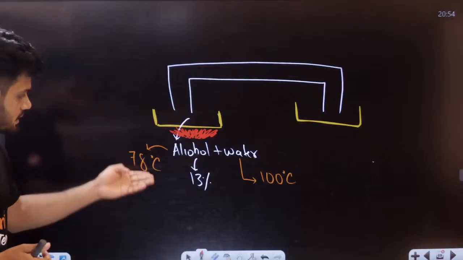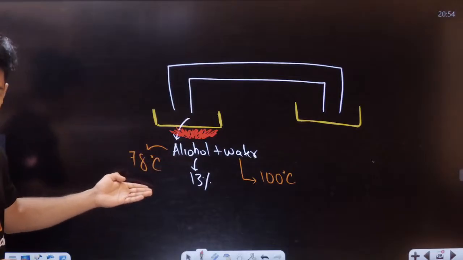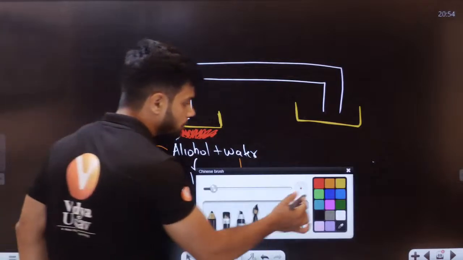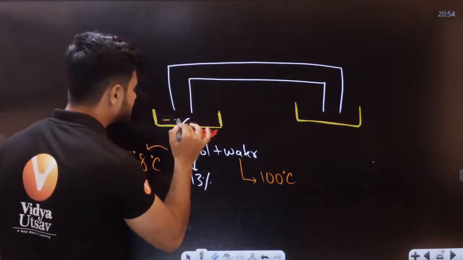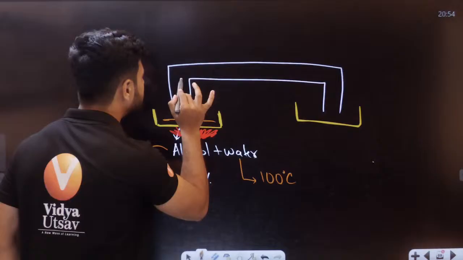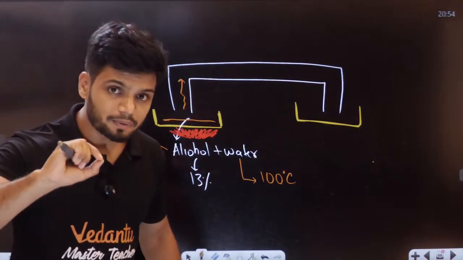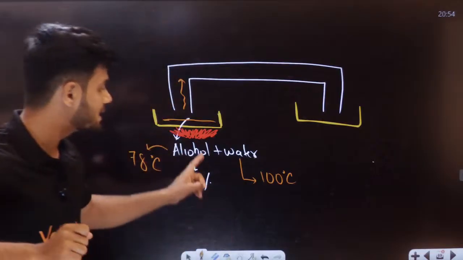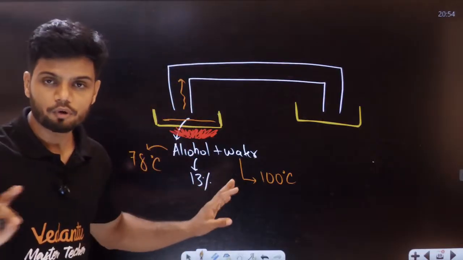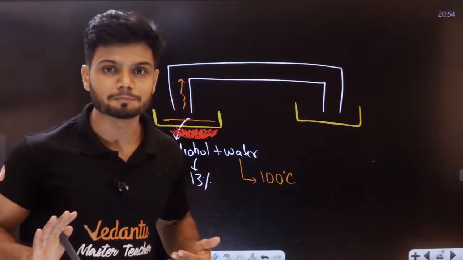Since alcohol has lower boiling point, don't you think so? Alcohol present here will evaporate first, and we will make sure the temperature does not increase more than 90 or 95, because we do not want water to be evaporated.